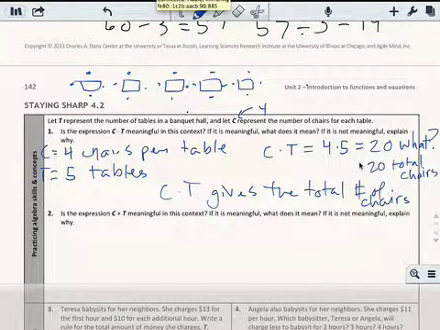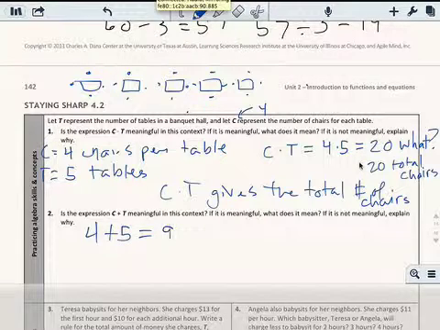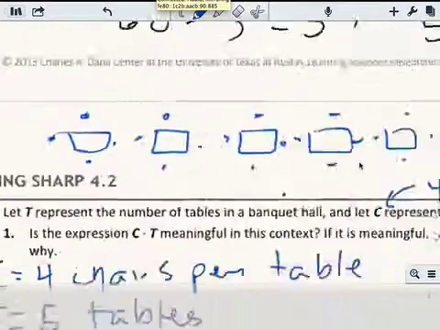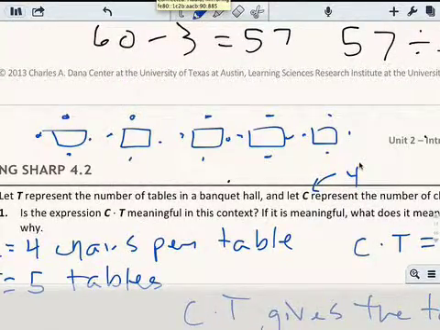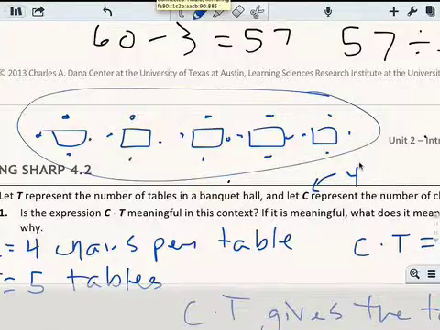I'm going to do 4 plus 5, and I get 9. And the question is, 9 what? I'm going to look back at my diagram and think if there's anything that 9 could represent. I know that there's 20 total chairs, there's 5 tables. I can't really see a group of 9 anywhere, or a total of 9. There's no part of this diagram that I could usefully use the number 9 to represent.